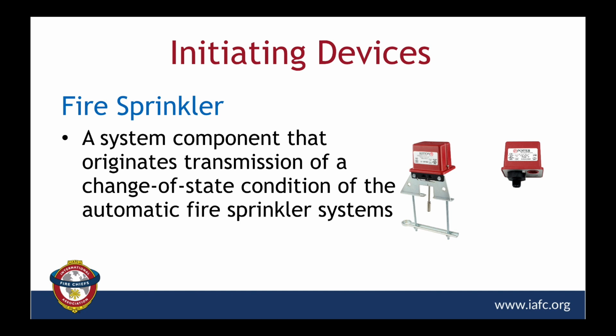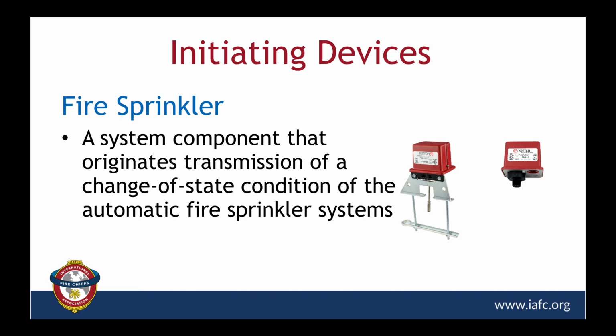The air holds a valve known as a dry pipe valve in the closed position. When the sprinkler head trips, it releases the air in the pipe and allows the water to enter the pipe and flow to the open sprinkler or sprinkler heads, which will extinguish the fire.